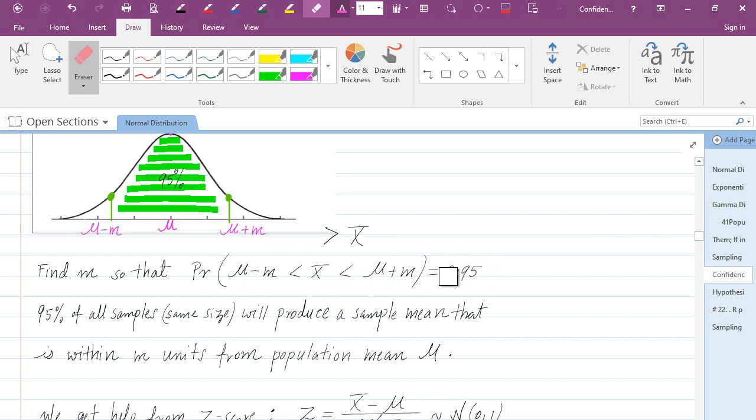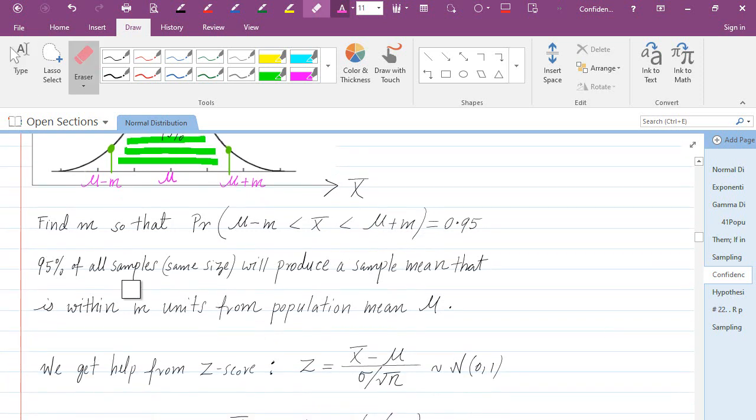So 95% is the proportion of samples for which the sample mean will be m units from the population mean mu.